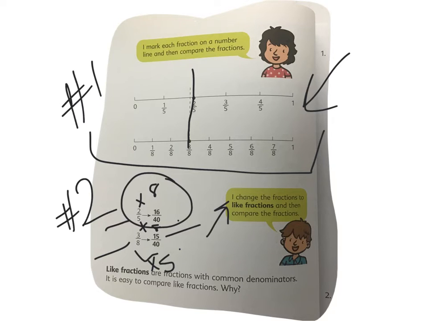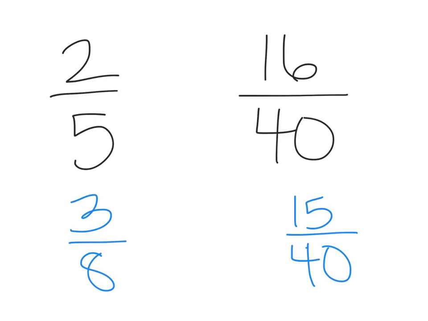So it's really important to find like fractions, like denominators, so that you can compare and see which number is higher on the numerator. I want to show that again just a little clearer. So I am comparing 2/5 and 3/8. Now we found out that the common denominator was 40.